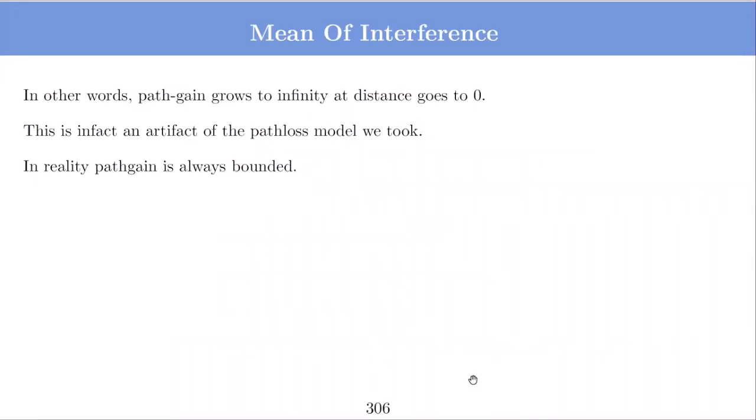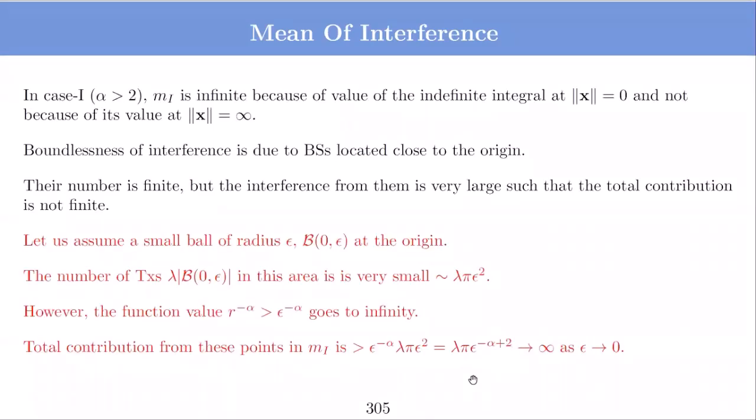But note that there may be cases when there is no base station in this ball. If you take the epsilon ball, the probability that there is no point in this ball is finite, e to the power minus lambda pi epsilon square. With that probability, there is no point inside this, so the contribution is still bounded, and in that case the total interference is below some limit.